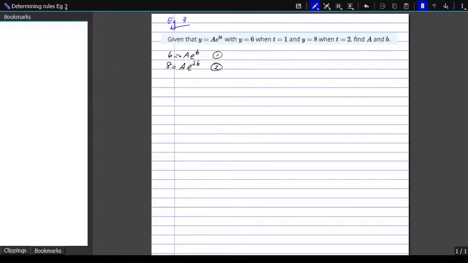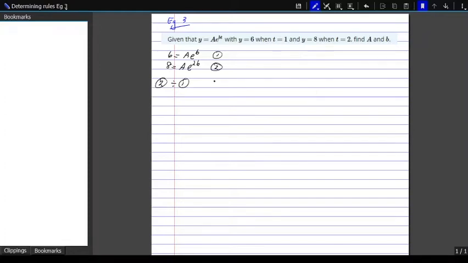If we were to divide, that will allow us to cancel our a's here, because a divided by a will give us 1. So I'm going to go with 2 divided by 1.